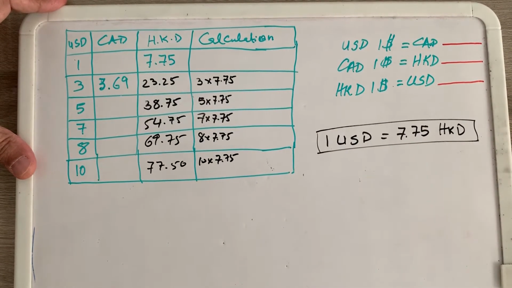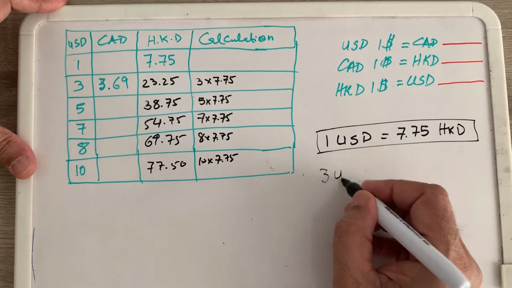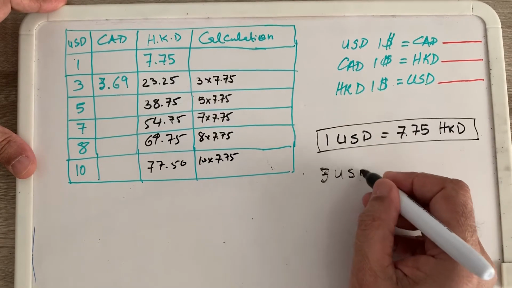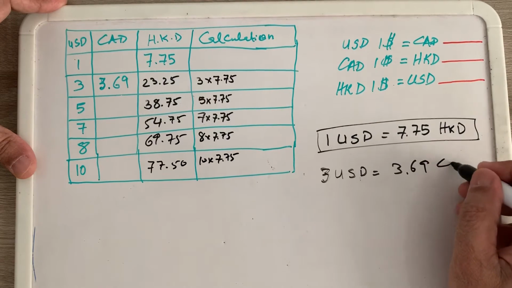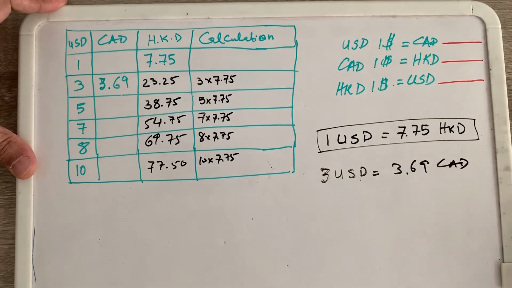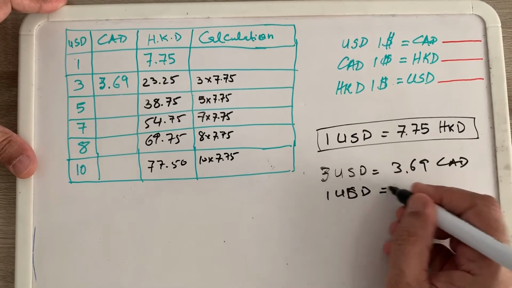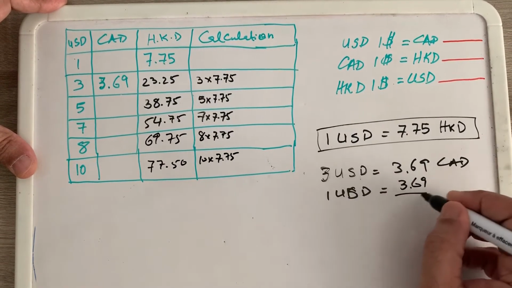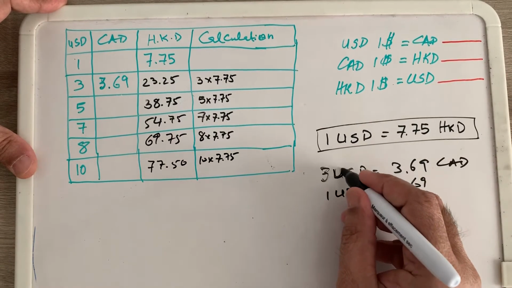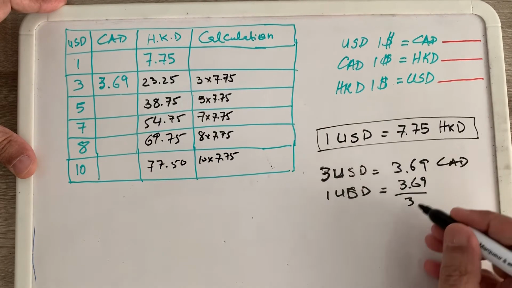But for conversion to CAD, USD to Canadian dollar, the relationship given is that 3 USD is equal to 3.69. This is the relationship which is given, and we need 1 USD. How much is 1 USD equal to in Canadian, right? So 3.69 divided by 3, because this 3 is multiplying the USD, and on the other side of the equation it goes and sits in the denominator.